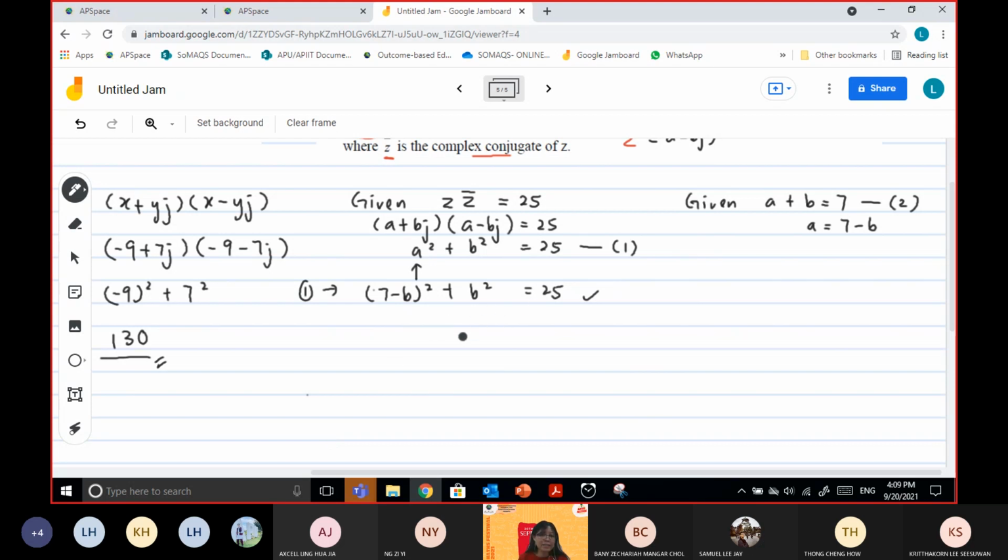So when you expand it and simplify it, you will get b squared minus 7b plus 12 equals 0. Then you will proceed to factorize it, and you will get two answers for b. So you find the answer for b first, then you solve for a.